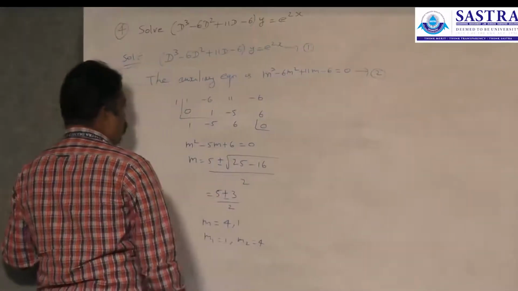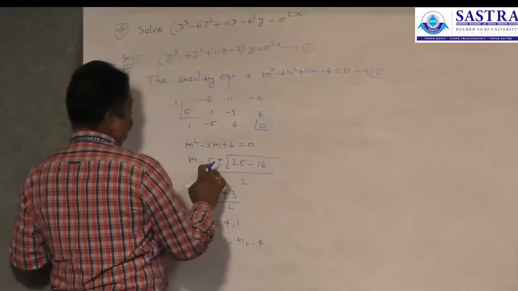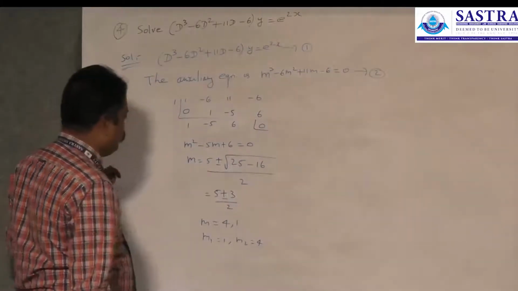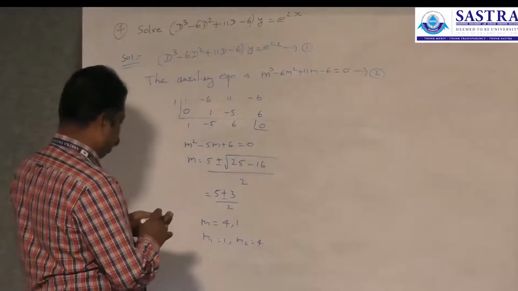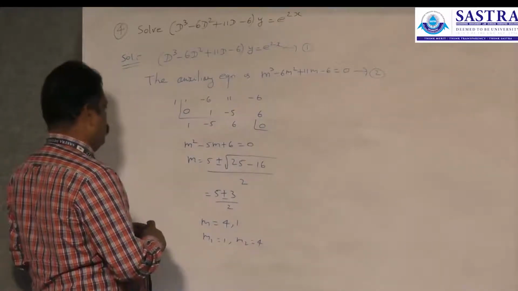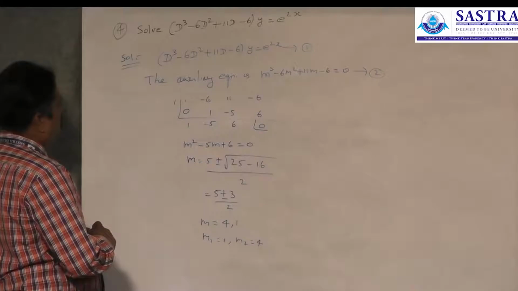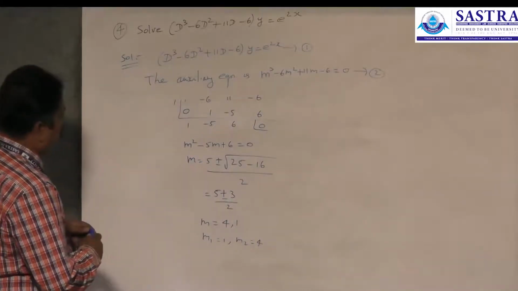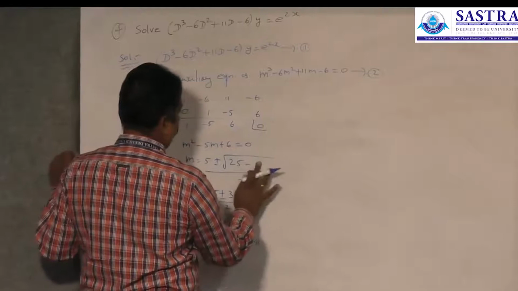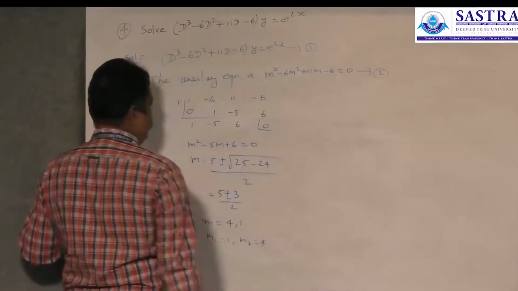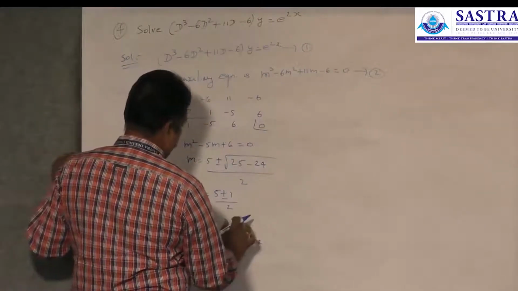Let me check. 5 plus or minus root of 25 minus 16... Sorry, it should be 24. 25 minus 24, 1. 5 plus 1, 6 by 2, 3. 5 minus 1, 4 by 2, 2.